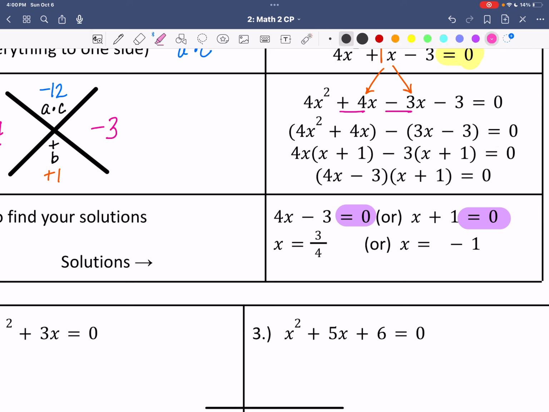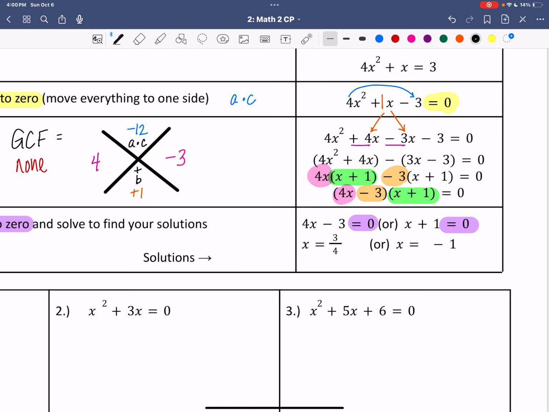And then if you remember, I factored this, and that's where these terms come into play. And then we said the rest is whatever's inside your parentheses. All right, so now we've got everything set equal to 0. So here's your step.